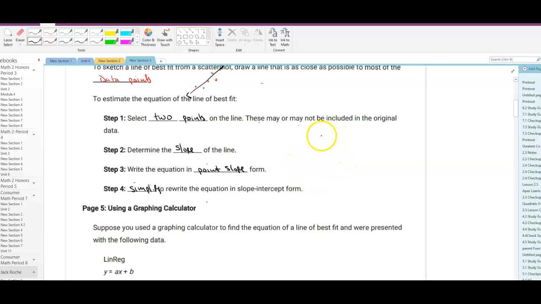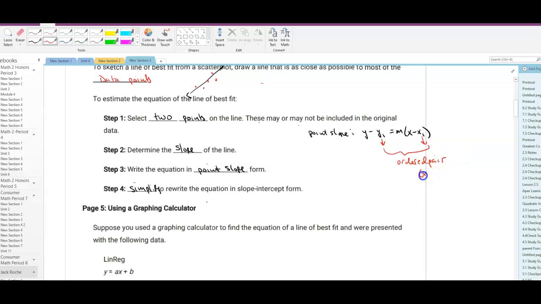Remember, for an equation of a line, we have 2 forms. Point slope form is y minus y1 equals m times x minus x1. And what you have to understand is y1 and x1 come from the ordered pair.